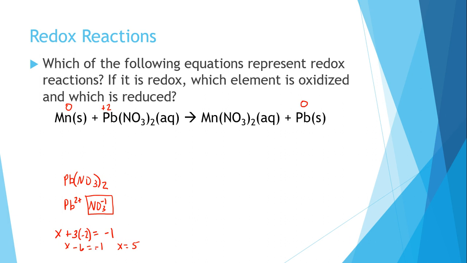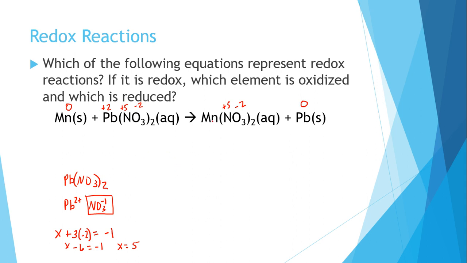So that +5 is the oxidation number for nitrogen, and oxygen, we said, was -2. One thing that's awesome about polyatomics is that they never change their oxidation numbers. So if I have nitrate here and it's a +5, over here it's going to stay a +5, and oxygen is going to stay a -2.